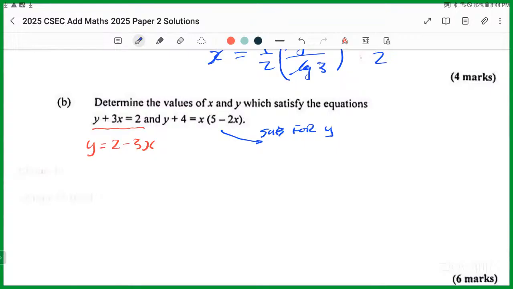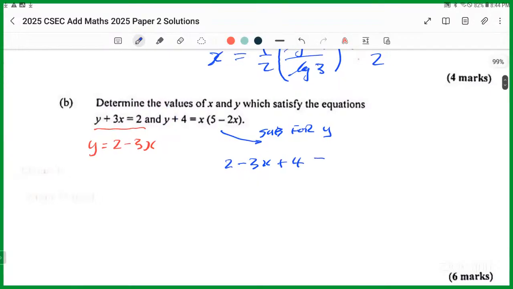Let's do it here. I'm going to say sub for y. What's going to happen is that I'm going to take this and replace the y that is right here. So we're going to get 2 minus 3x for this y plus 4 equals, and I'm going to expand this side out into a quadratic. So I'm going to get 5x minus 2x squared. It's a quadratic.